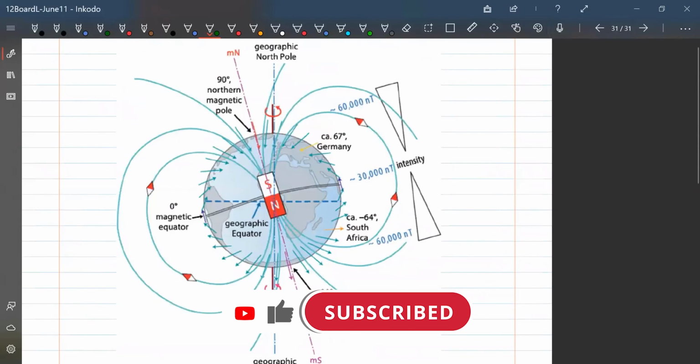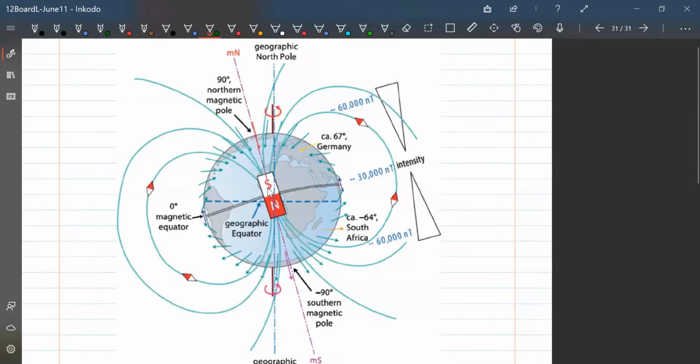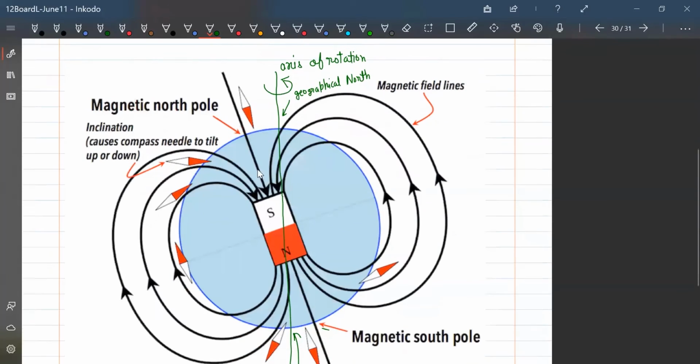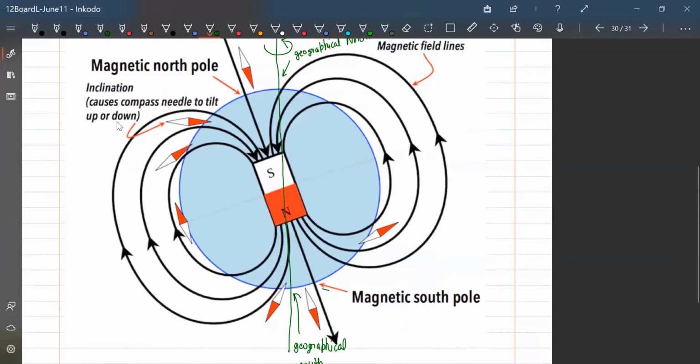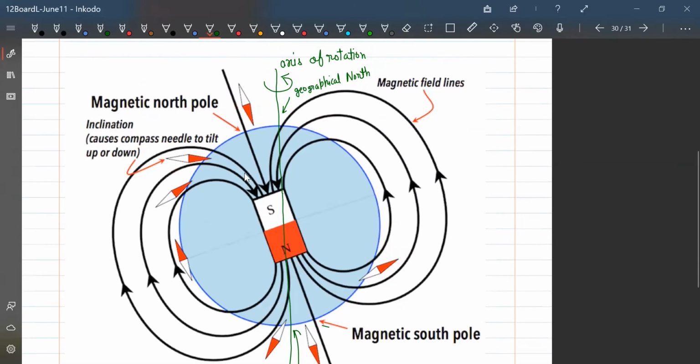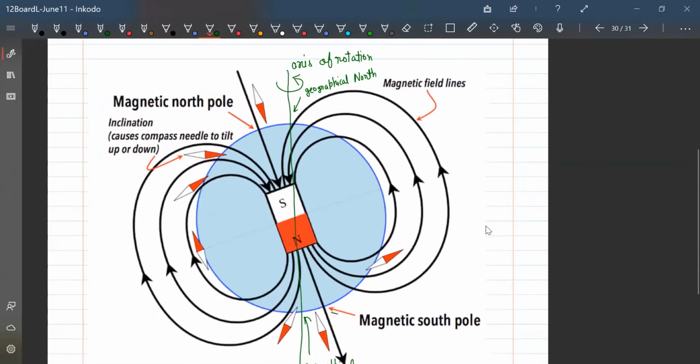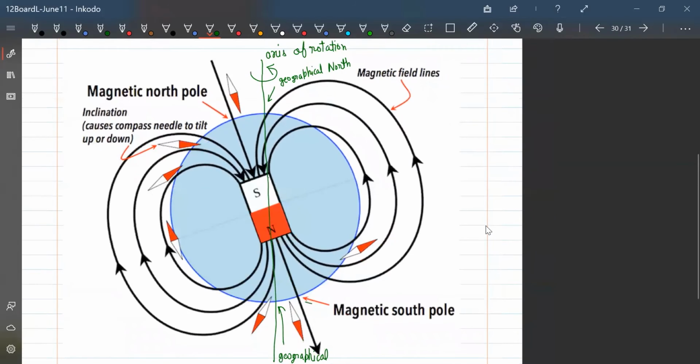So this is the northern magnetic pole, and this is the southern magnetic pole. It appears as if the magnetic field starts from the magnetic south pole and terminates at the magnetic north pole. So the naming might be a little bit confusing, but this is how it is.